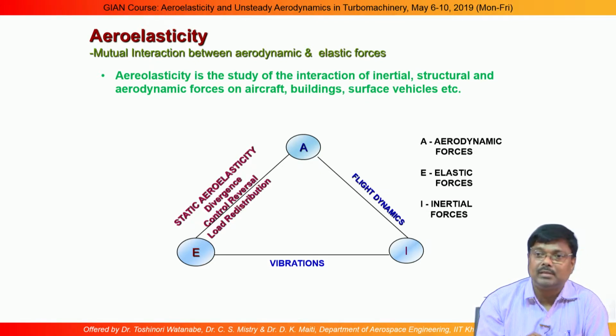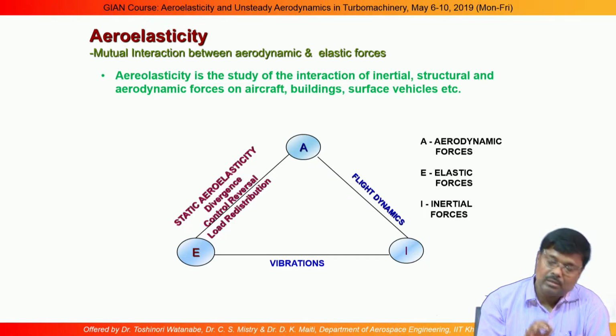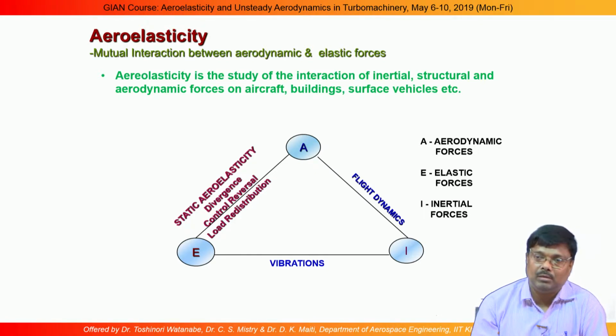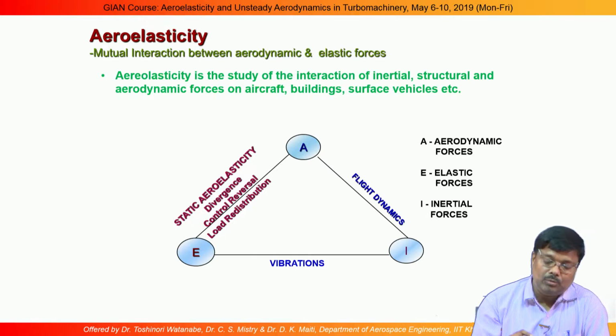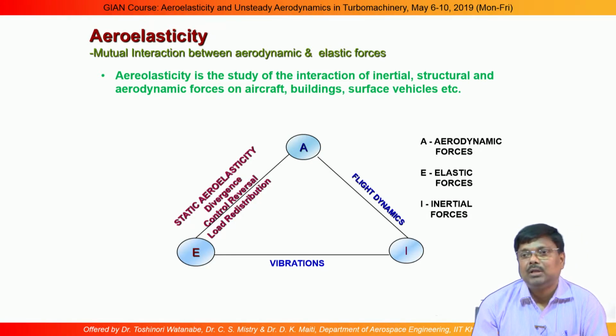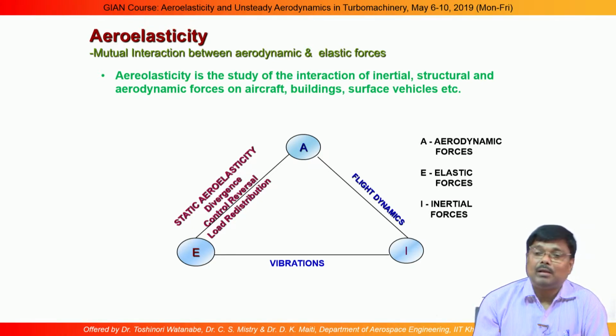In the initial stage of aircraft design, static aeroelasticity is the main driving force. Another important thing is control reversal, because for different maneuvers or trimming conditions, the control surface has to be deflected. The control surface can have a deflection up to a certain velocity, and this deflection is stable.